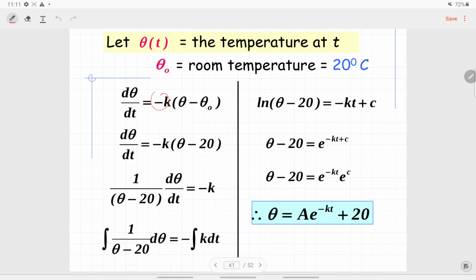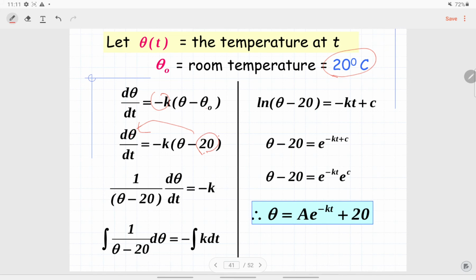Given the room temperature is 20 degrees, we minus 20 degrees. We separate the variable theta, bring to the left hand side. We get 1 over theta minus 20 d theta over dt equal to negative k.